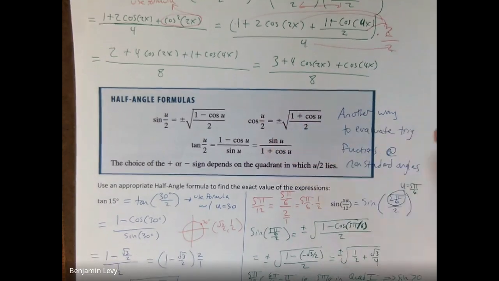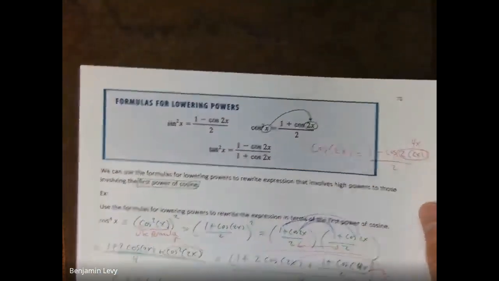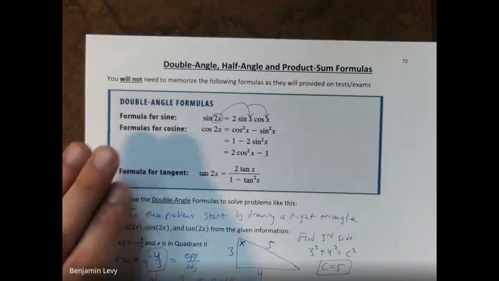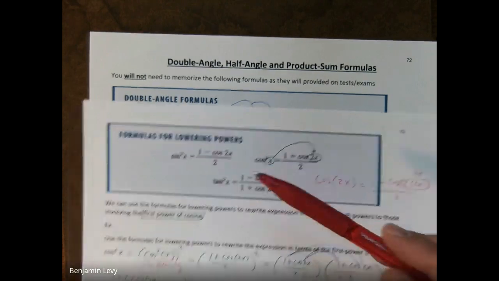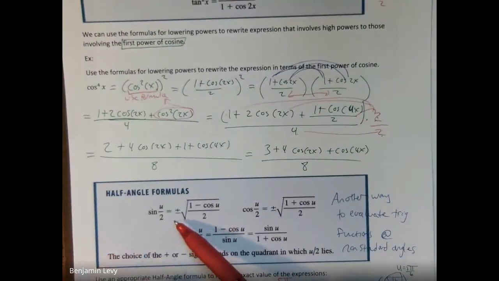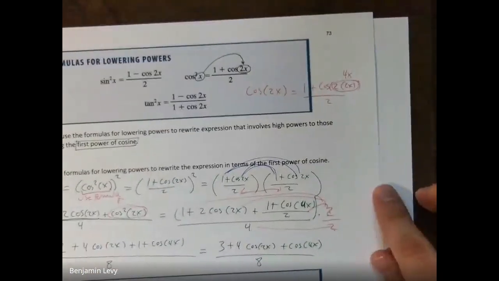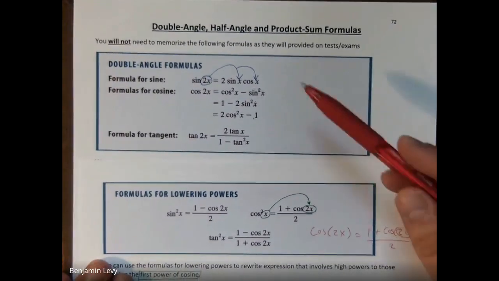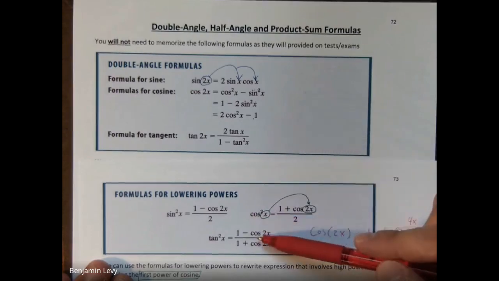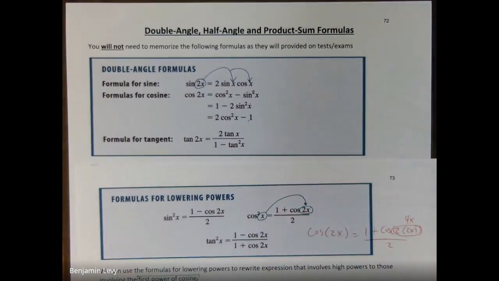When we're looking at these formulas, the double angle formulas and the formulas for lowering power, in my opinion, are less useful than the half angle and addition subtraction formulas. These 2 on the page right now, the double angle and the lowering powers, are mostly used in proofs, and they're occasionally useful in solving problems, but they're not terribly useful.